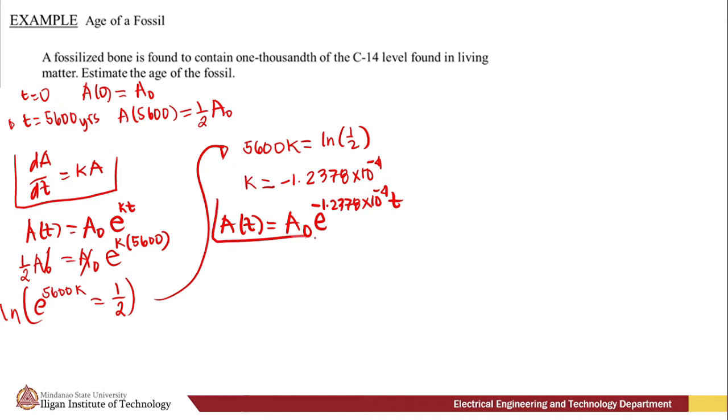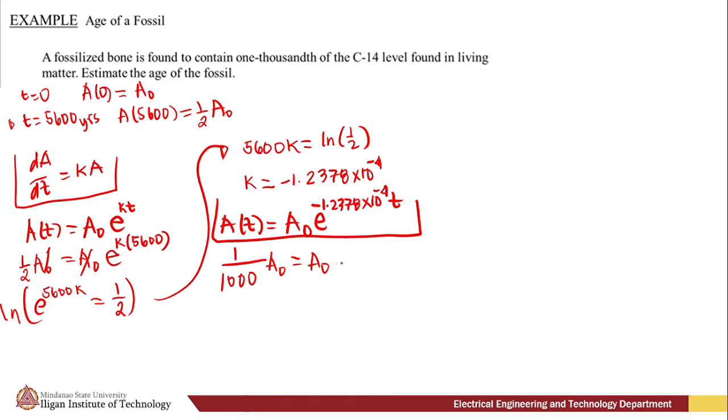So now we can use this to estimate the age of the fossil. It says that 1/1,000 of the C14 is present in the fossilized bone. So it means that 1 over 1,000 A sub naught is present.